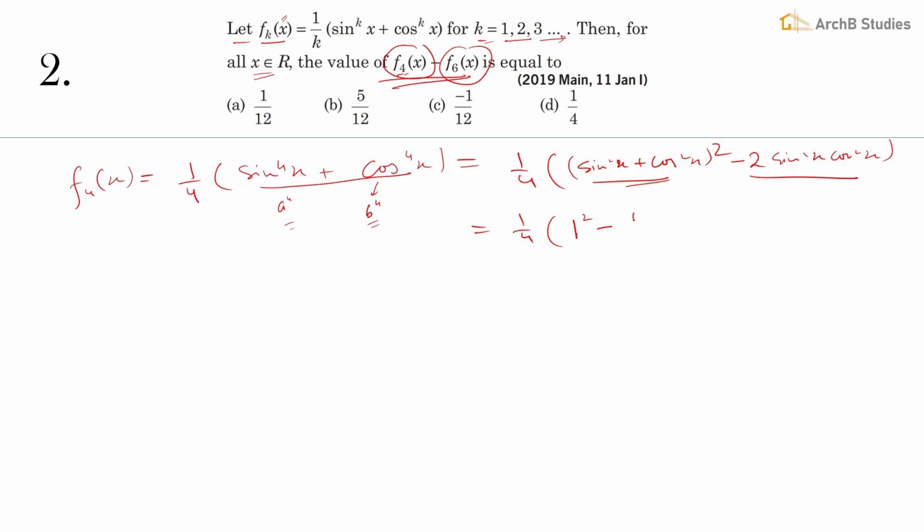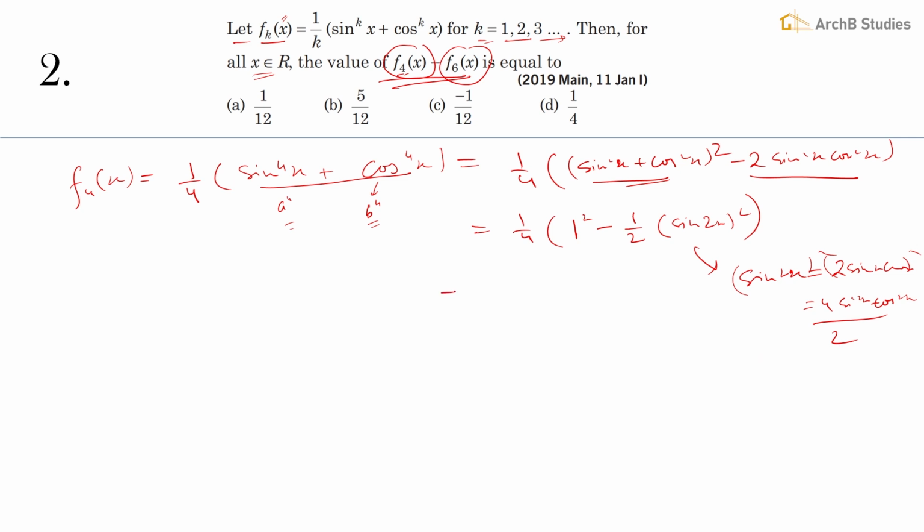This we can write as half of (sin 2x) whole square. How? Sin 2x is equal to 2 sin x cos x. Now if you square both sides, you get 4 sin square x cos square x, but we have 2 only, so if you divide by 2 we will get it.